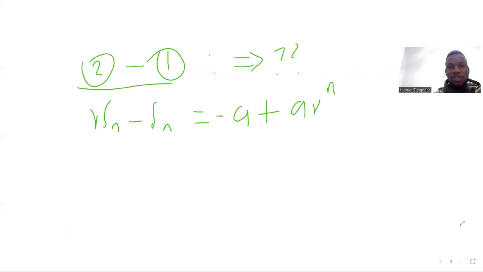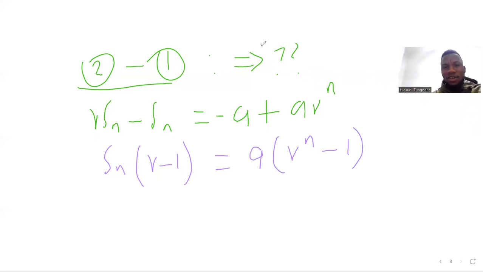Then if you proceed further and take out the common factor on the left, which is Sn, we have R minus 1. And on the right, the common factor is A, so we have A times R to the power of n minus 1. If you're confused, I just rewrote it: this is the same as AR to the power of n minus A. I just took A outside as a common factor.